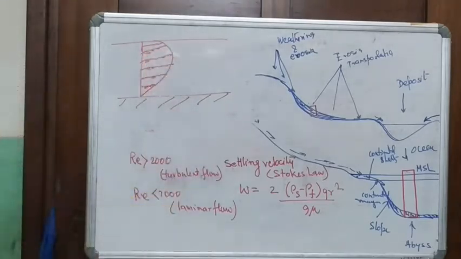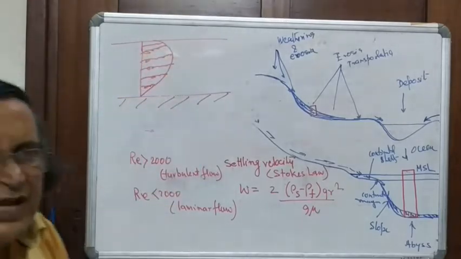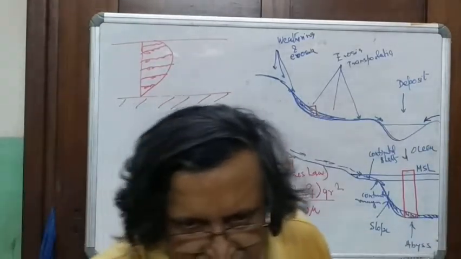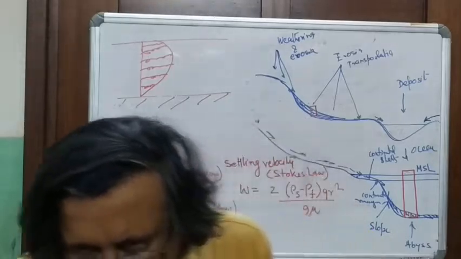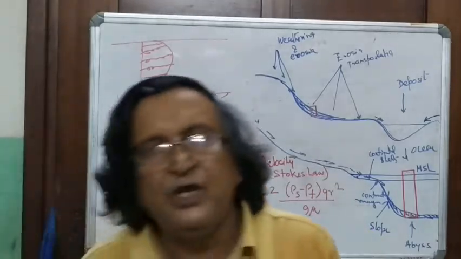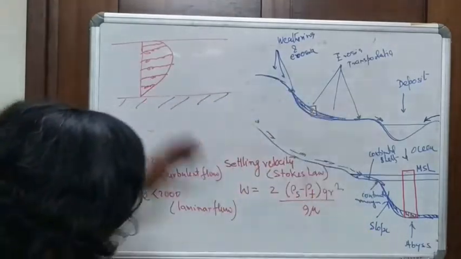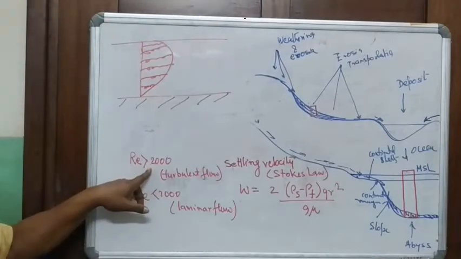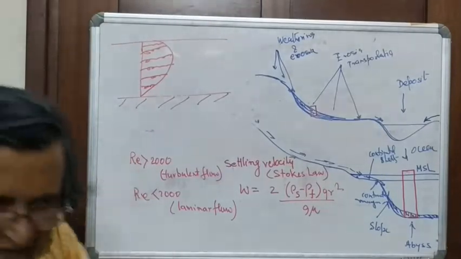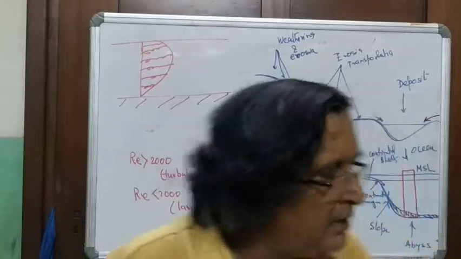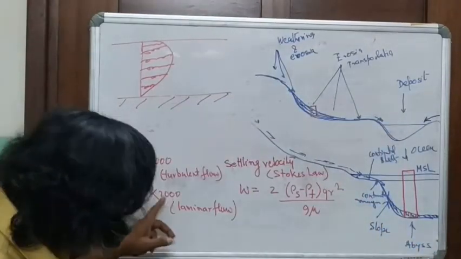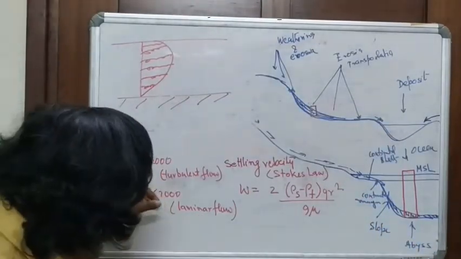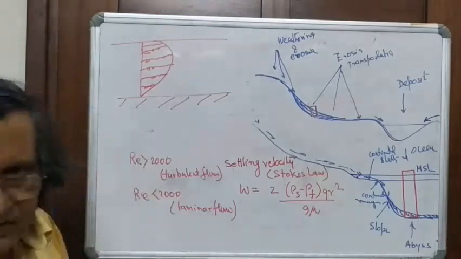That's the turbulence that it creates. So it's not a laminar flow, it's a very turbulent flow where eddies are generated, and so velocity variations are not as smooth as in laminar flow. The discrimination is at Reynolds number 2000: less than 2000 is laminar flow, and more than 2000 is turbulent flow.